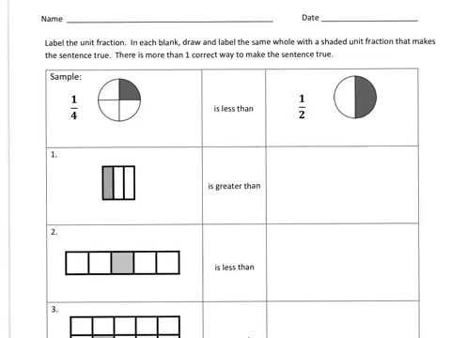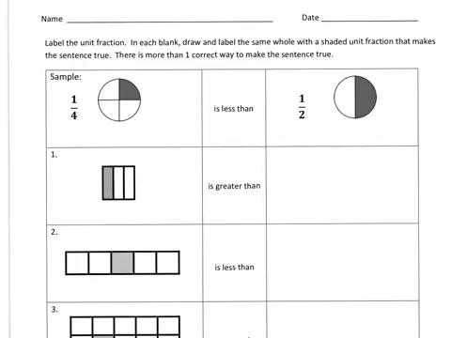In this one you're going to be comparing two different fractions, seeing what is less than and what is greater than. The difference is that you're going to be actually making the ones that say greater than or less than, as opposed to just drawing the little shapes.